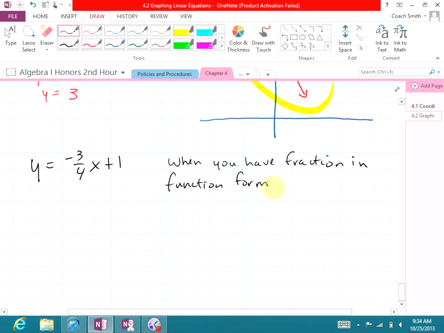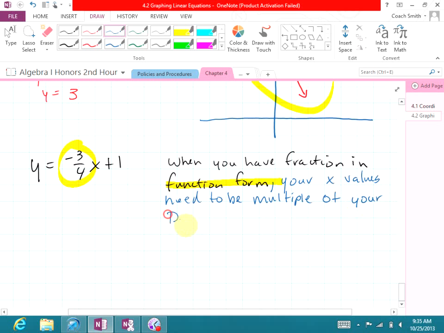Now, when you have a fraction in function form, okay, your x values need to be multiples of your denominator.